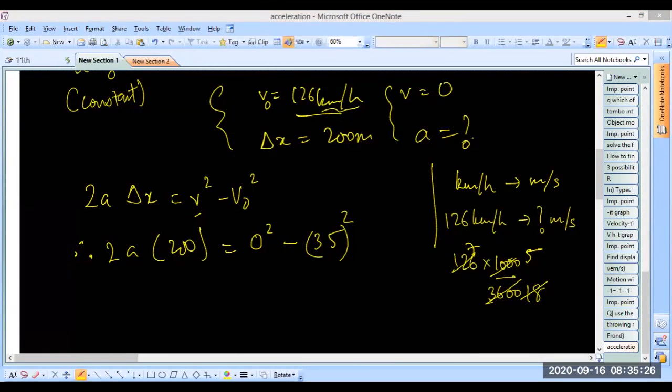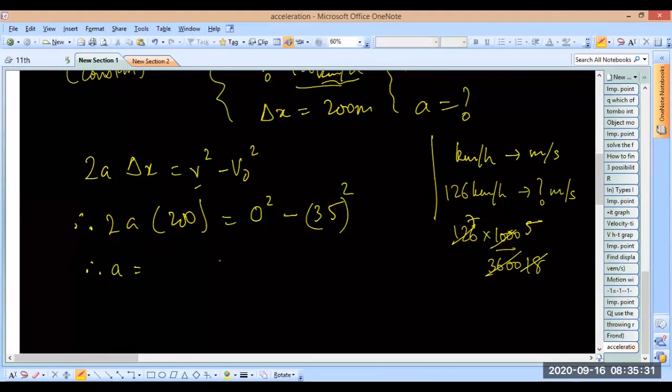So find out what is A now. Hurry up, people. I want the answer in fractions. Find out what is A. I want the answer in fractions, everybody.